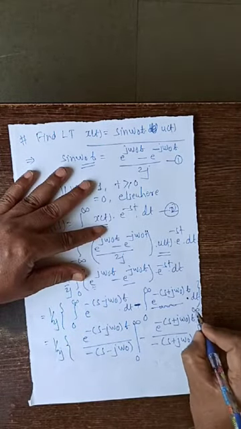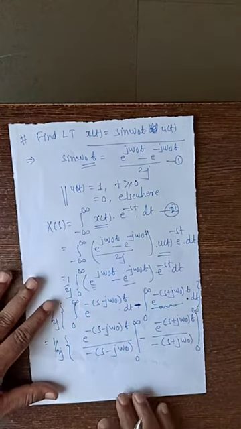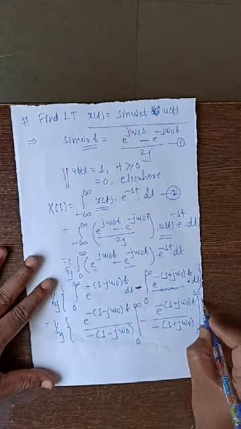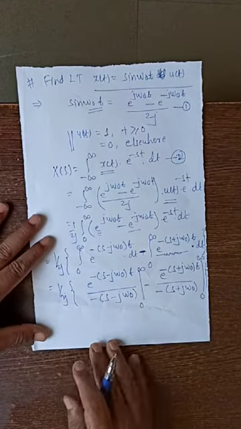Upper limit is infinity, lower limit is equal to 0. So the entire bracket is going to be completed. Now put the upper limit and lower limit.